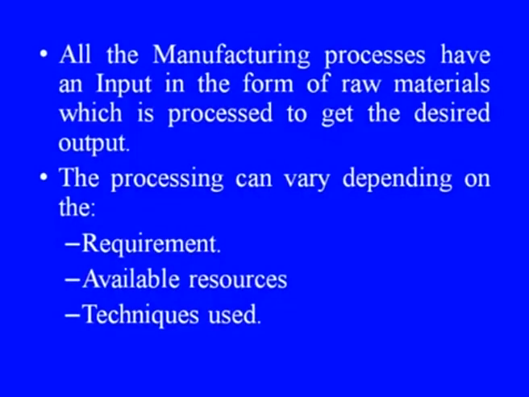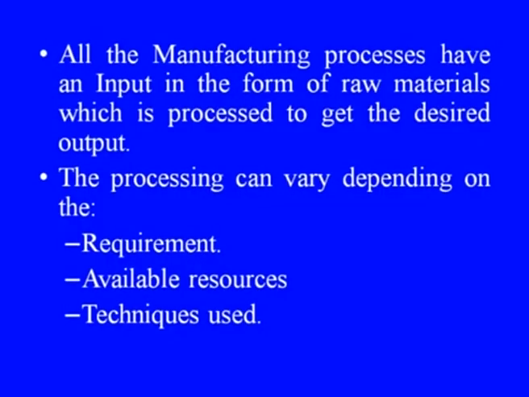All the manufacturing processes have an input in the form of raw materials, which is processed to get the desired output. This already I have explained. The processing can vary depending on the requirement, available resources and techniques used.